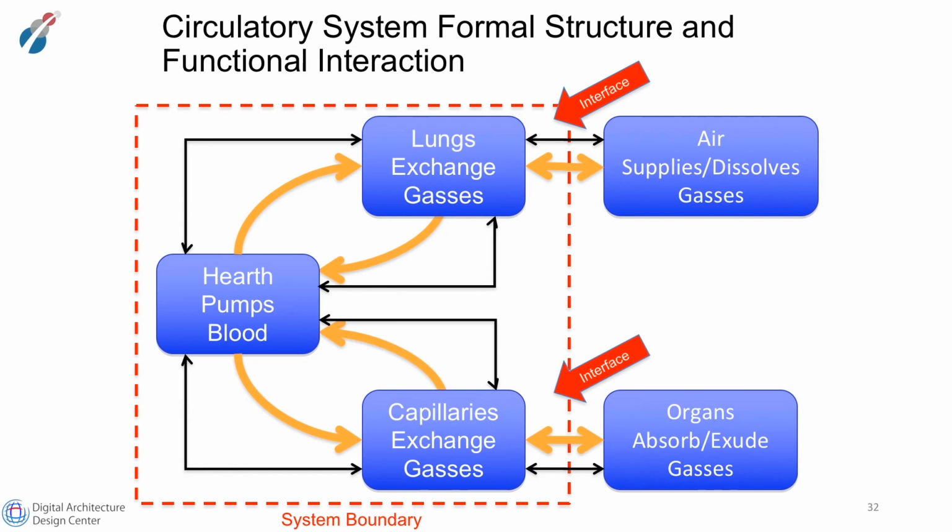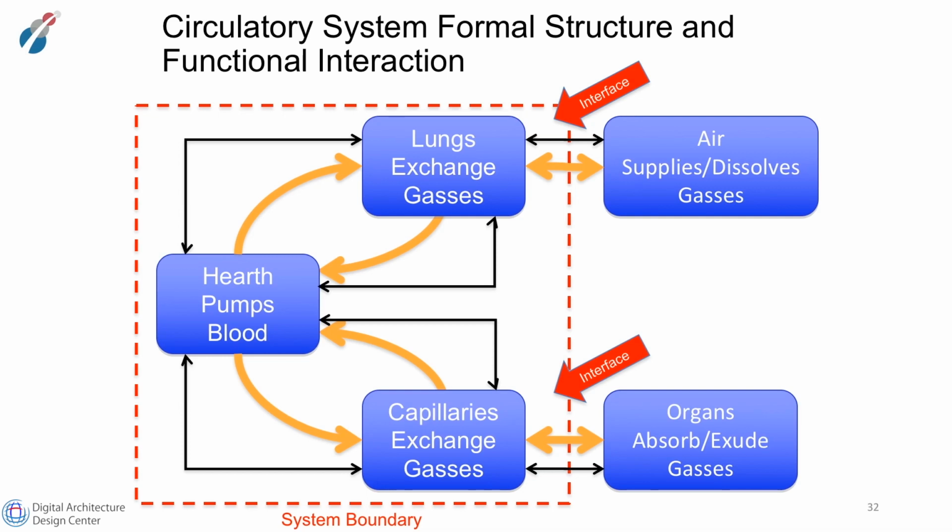And then in the circulatory system in the human body, we have the air on one side, which is outside our system boundary, and it essentially supplies or dissolves or absorbs both gases, oxygen and carbon dioxide. We have the exchange of these gases inside of our body through the lungs, the heart, and the capillaries.